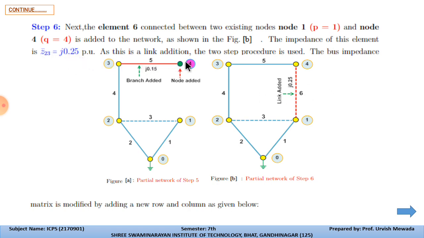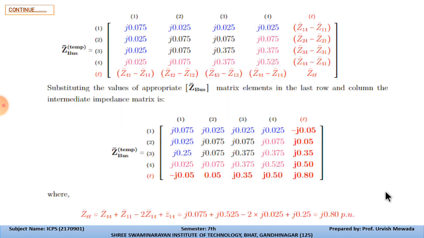As this link is an addition, a two-step procedure is used, and the bus impedance matrix is modified by adding a new row and column. Let us consider this as the old Zbus. The new one is Z14 minus Z11. This is the link.